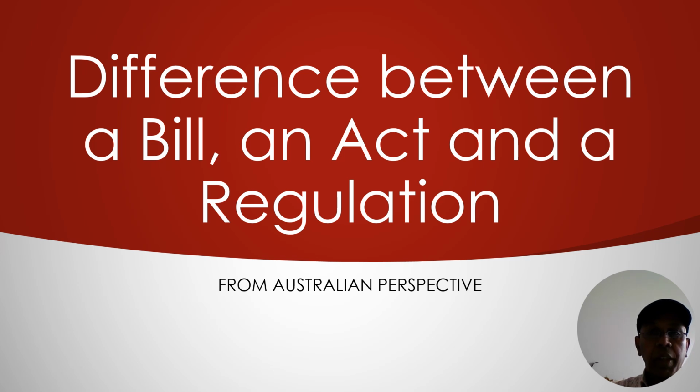After getting the majority, the bill then goes for the royal assent. The Governor General gives the assent. After signature from the Governor General, the bill becomes a law, parliamentary law or statute law. So finally, the bill is now an act.